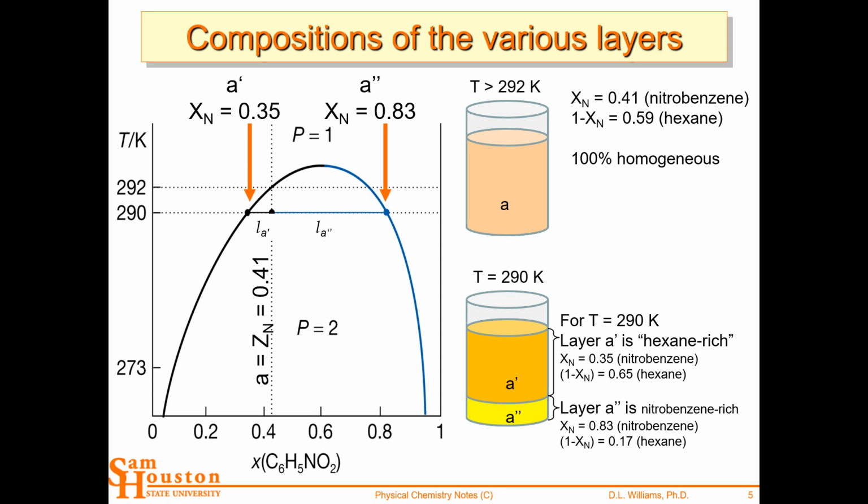Here we have hexane and benzene, but with a nitro group on it. And the nitro groups do add a fair amount of mass to the molecule. So the nitrobenzene is more dense than the hexane. So the nitrobenzene-rich layer is going to be on the bottom. Okay. And so this one is going to be the lower layer, A double prime, and this one's going to be the upper layer.